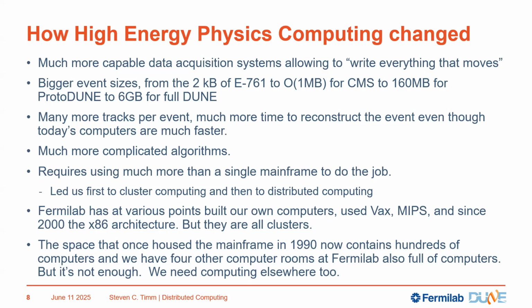Those were Motorola boards, but you could much more cheaply buy a single board computer and put it in crates. That's what we did. We've used the VAX, Digital VAX. We've used MIPS architectures, which are RISC, reduced instruction set computing. And since 2006, we've used mostly the x86 architecture, but all of those things were clusters.